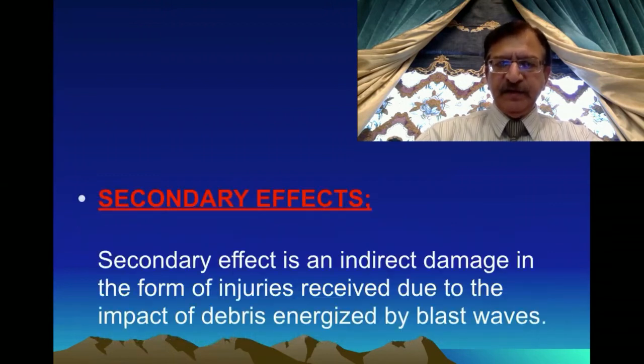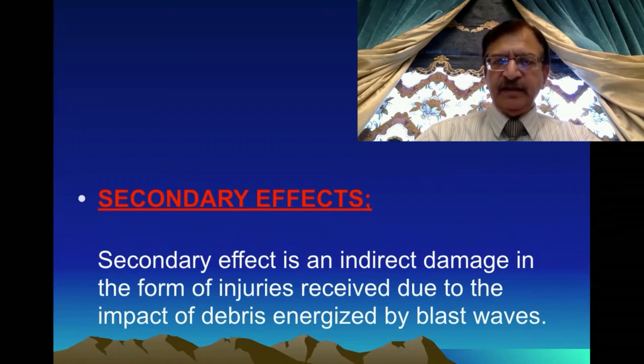Then the secondary effects are indirect damage in the form of injury which is received due to impact of debris. All the objects which are in the vicinity get energized and start traveling with the same speed as that of the pressure waves.